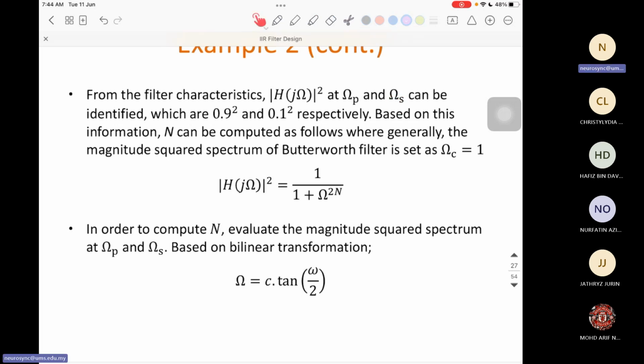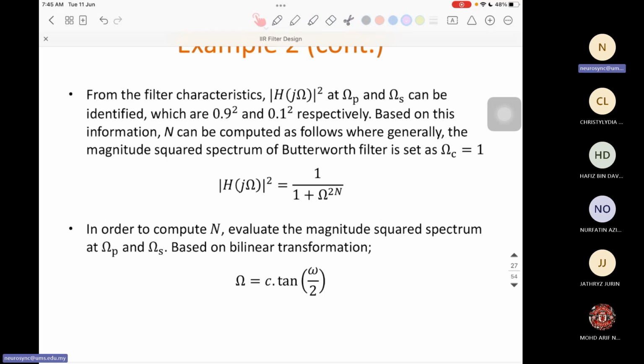So based on this information, N can be computed as follows, where the magnitude squared spectrum of the Butterworth filter is set with omega c equal to 1. Now, why are we doing this step? To find the value of capital N.